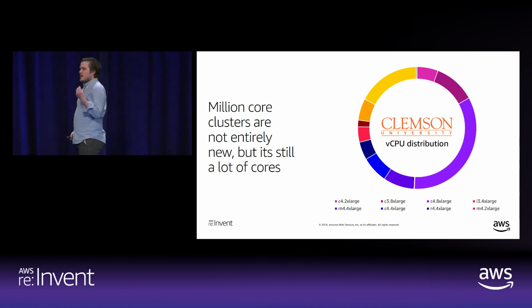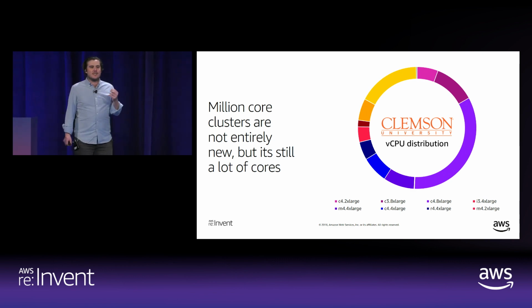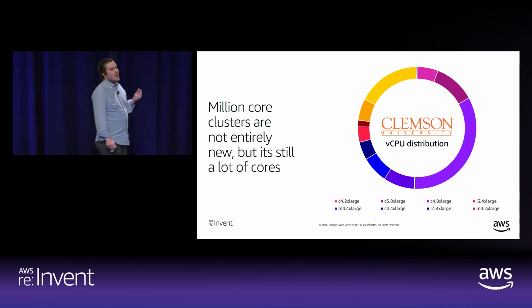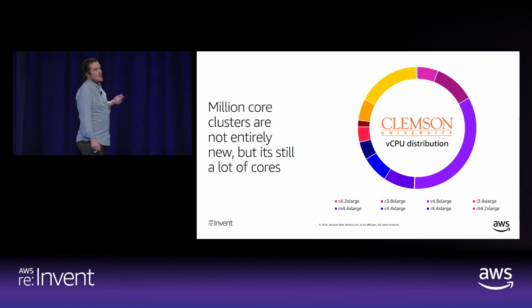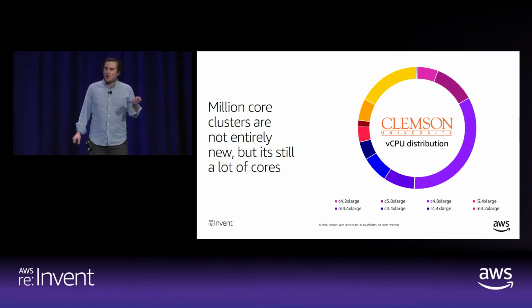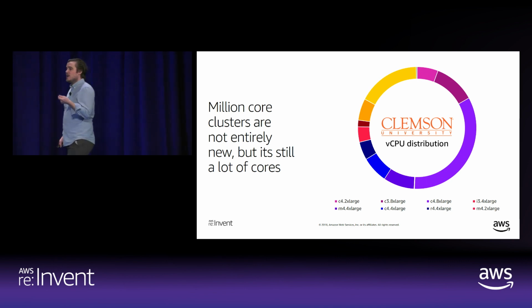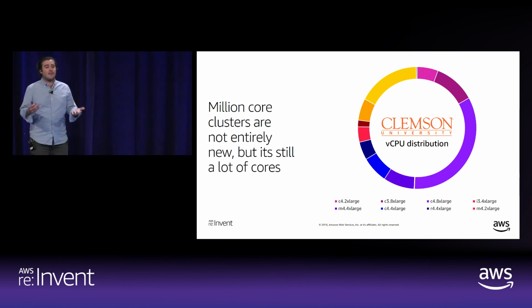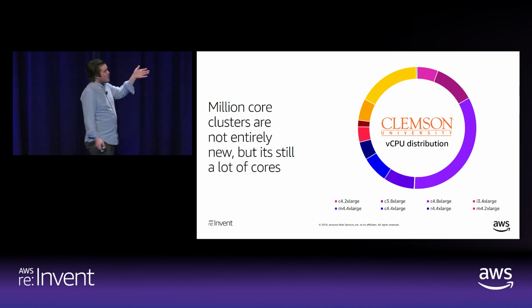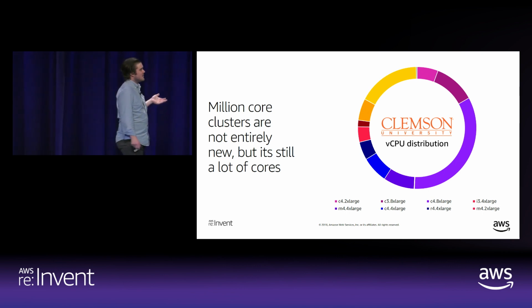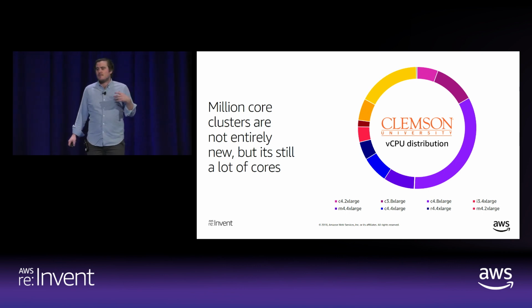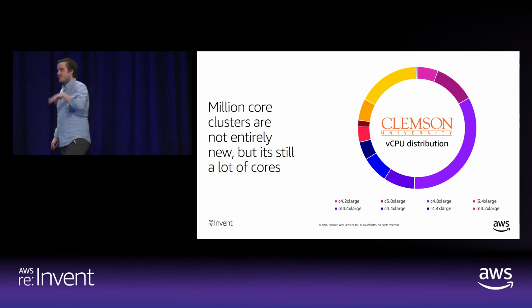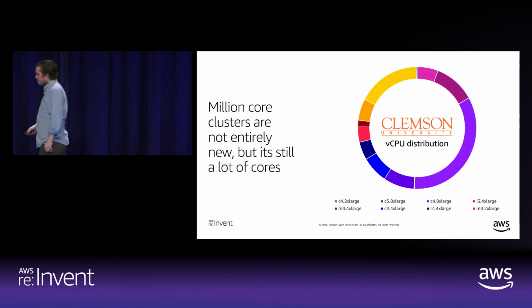Well, the one big thing we ask you to do for spot instances, which is different to on-demand or reserved, is we ask you to be instance flexible. Because while we never run out of spot capacity, it is possible that a specific instance in a specific zone might not be available, there might not be enough available for you. And so here we actually have the distribution from Clemson. They use 2XLs and up, third and fourth generation instances, C5s and M5s weren't even out at the time.